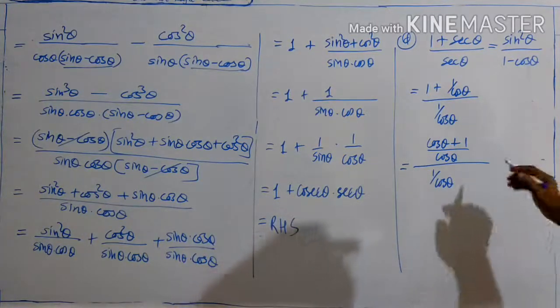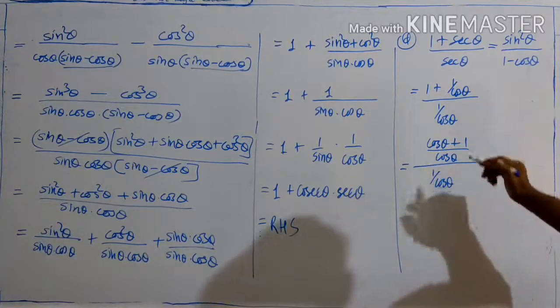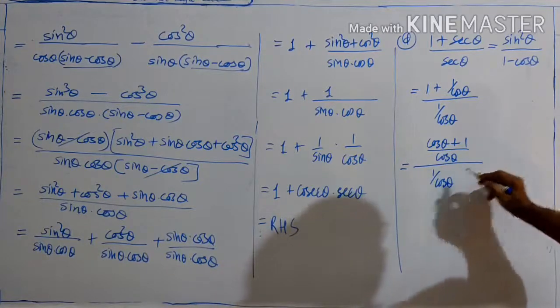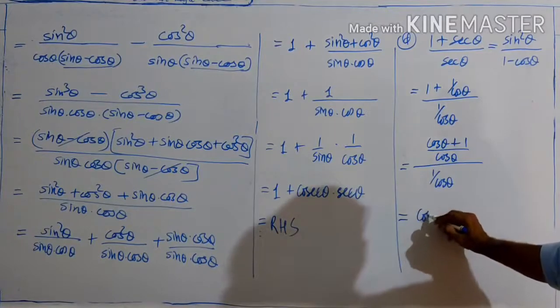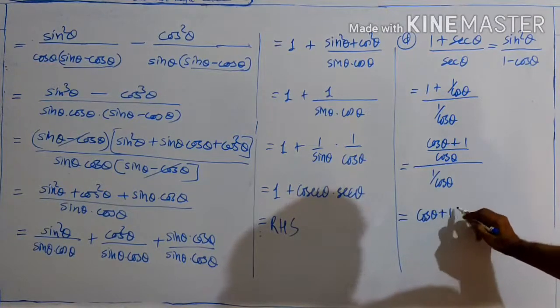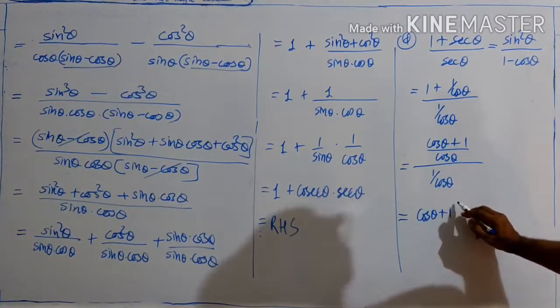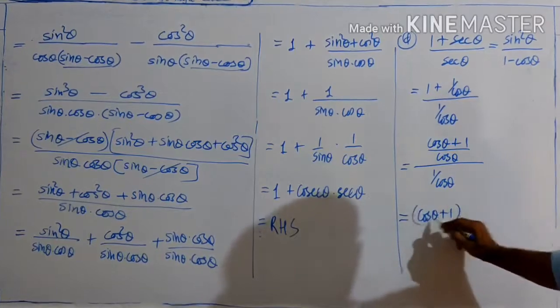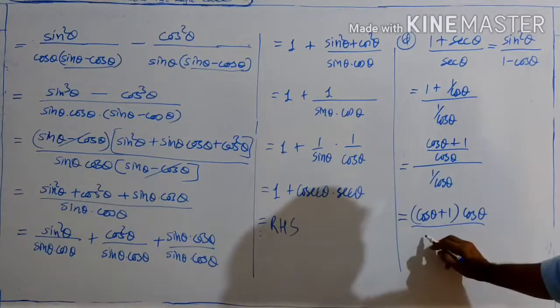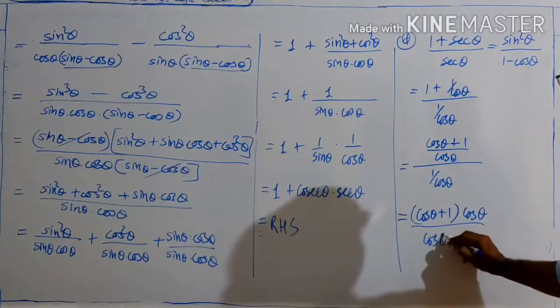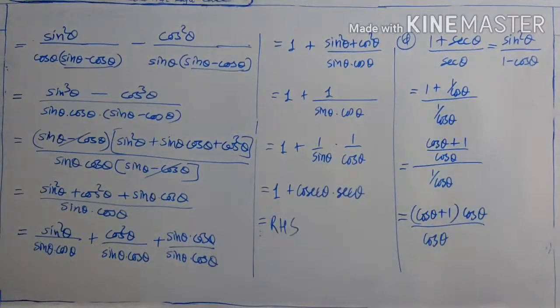So here we will get this is equal to cos theta plus 1 multiplied by cos theta, and the denominator is cos theta. So here what will we get?